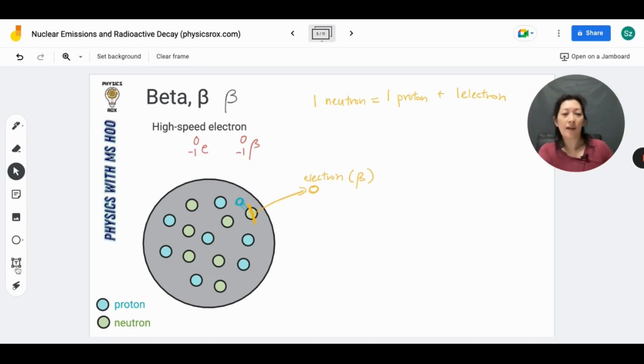So similar to alpha decay, there's also beta decay. In this case, this radioisotope is a beta source because it's throwing out a beta particle. How do we write the decay equation? We're going to use the AZX notation again.